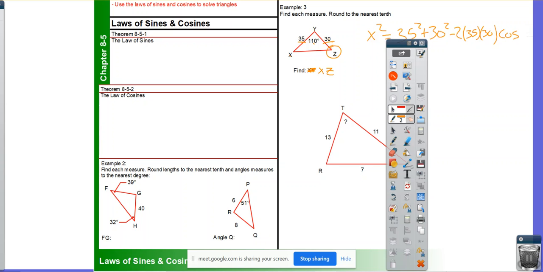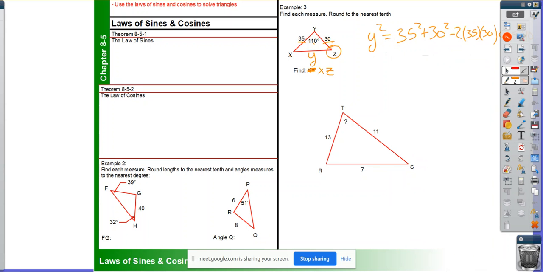It would be cosine 110, right? And I should probably use a different letter than Y. Sorry, it was the first number that came to mind. So what I can do is use a lowercase y, because remember, side lengths are lowercase, vertices are uppercase.